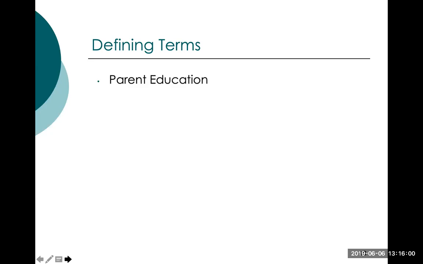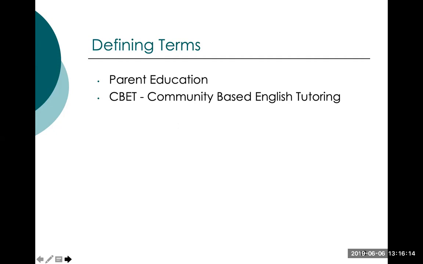So some additional ones. Parent education refers to the learning that enhances parenting skills and practices. And this was previously an authorized adult ed program area in California. CBET, or Community-Based English Tutoring, arose from Prop 227, which passed in 1998. It changed the way English language learners were taught and changed bilingual education in California.